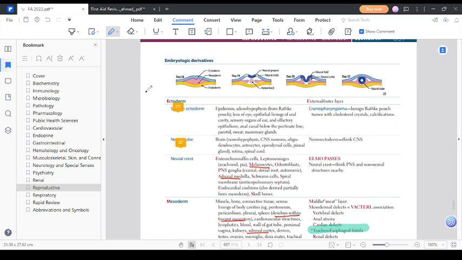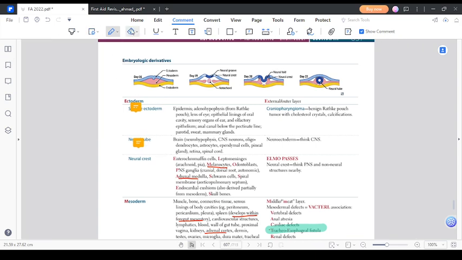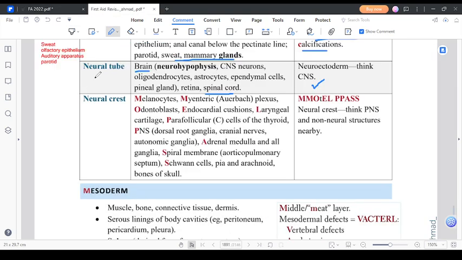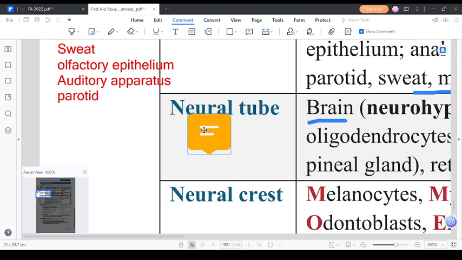No, they are here. So for the neural tube, we have the tube of Neosporin. Let me zoom in. The tube of Neosporin means neural tube, epidermal cells, astrocytes, spinal cord, pineal gland, oligodendrocytes, retina, and neurohypophysis.